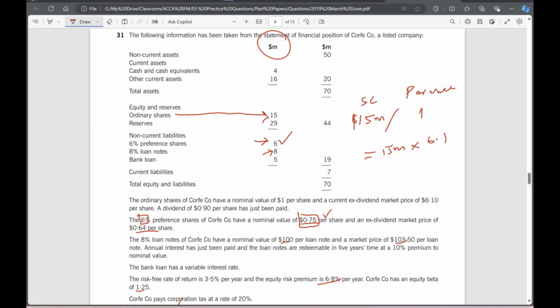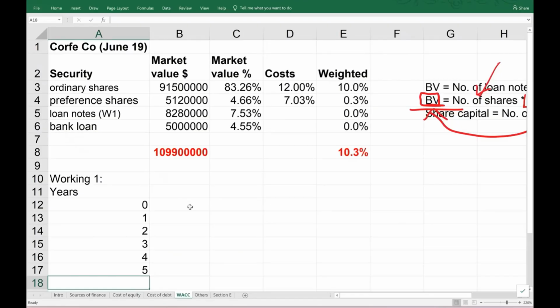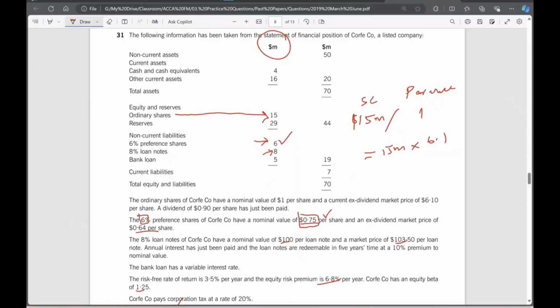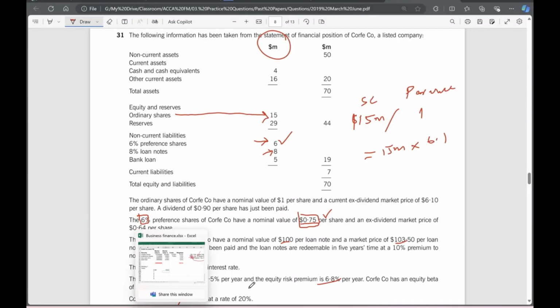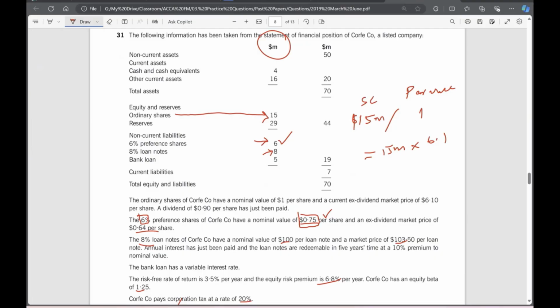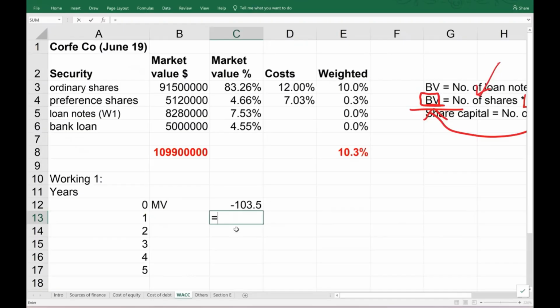Market value is 103.5. Coupon rate is 8% into 100, so 8. Tax rate is 20%. So 8 into 0.8, because 1 minus T, 1 minus 0.2, is 6.4.